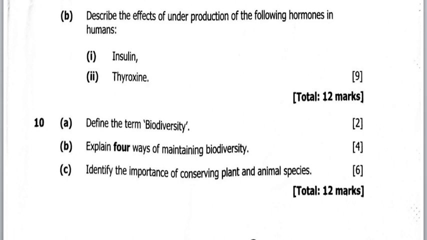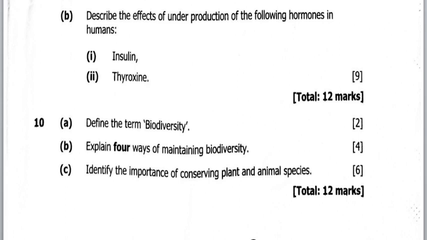Number 1, by avoiding deforestation. Number 2, by avoiding overfishing. Number 3, by avoiding overhunting. It is also important for you to note that biodiversity also can be maintained by encouraging gamekeeping and applying what we call the 3 areas of conservation.